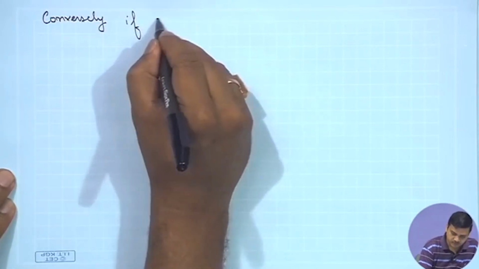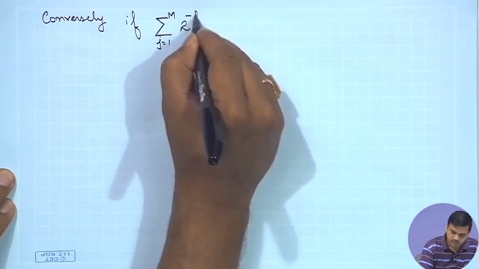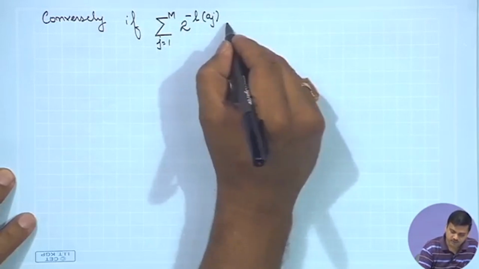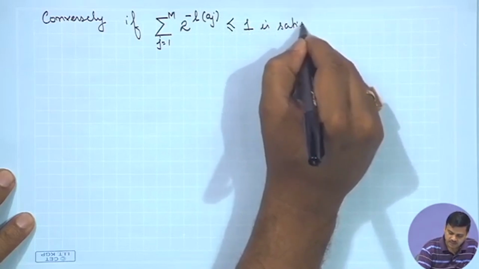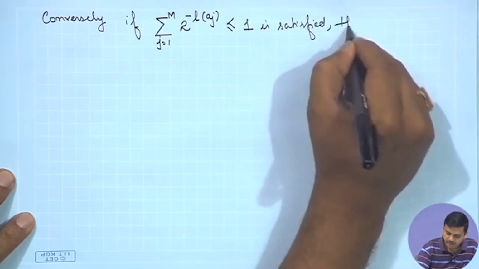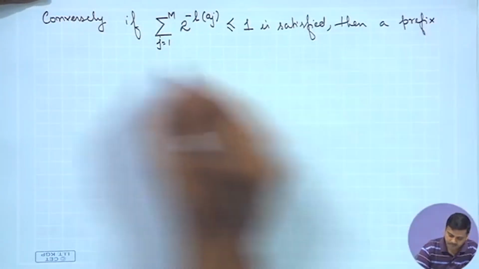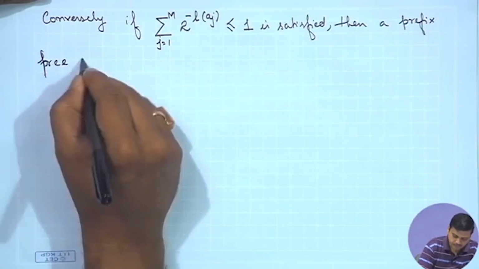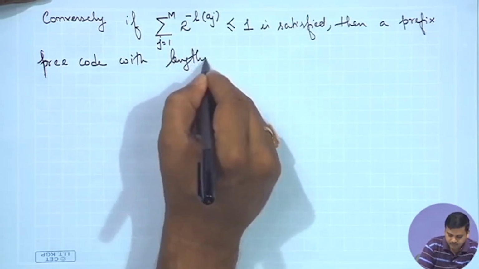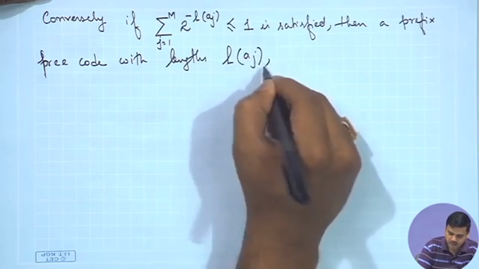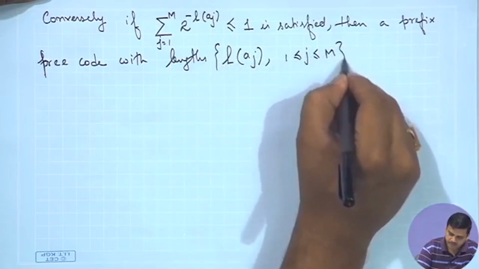if this summation, j equals 1 to capital M, of 2 to the power of minus the lengths of the code words, is less than or equal to 1, that means if this inequality is satisfied, then a prefix free code with lengths A_j, 1 less than or equal to j less than or equal to M, exists.